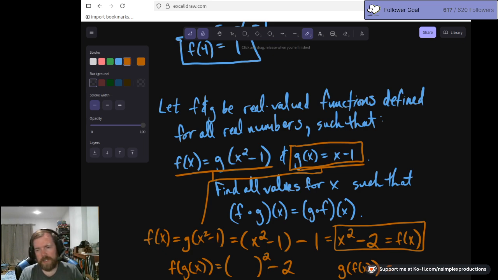And then g of x, which is x minus 1, needs to be plugged in. Going the other way, g of f of x is going to be a framework of g, which is something minus 1. And then the stuff that goes on the inside is going to be f, which is x squared minus 2.